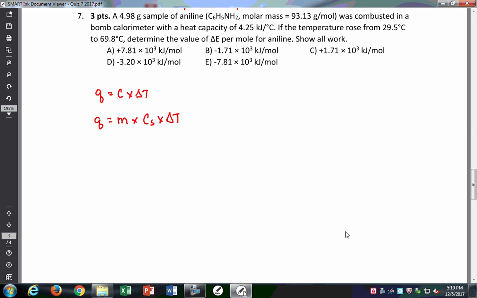Well, I can look at my units. My units of my C, my heat capacity, is 4.25 kilojoules per degree Celsius.